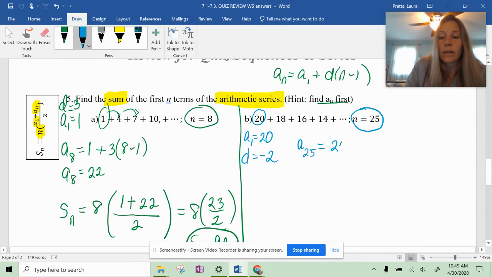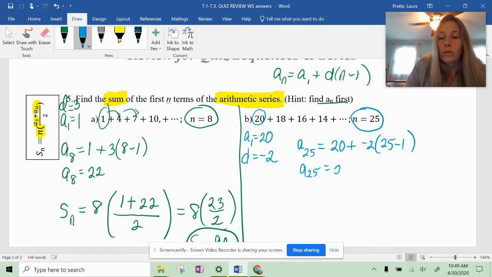So I have a 20 plus, and then it's negative 2 times 25 minus 1. So 25 minus 1 is 24. 24 times negative 2 would be negative 48. And then you're going to end up with negative 28.